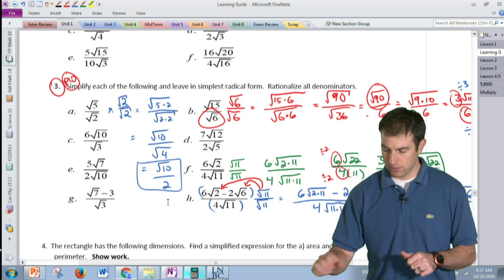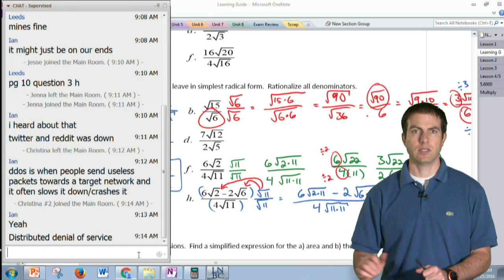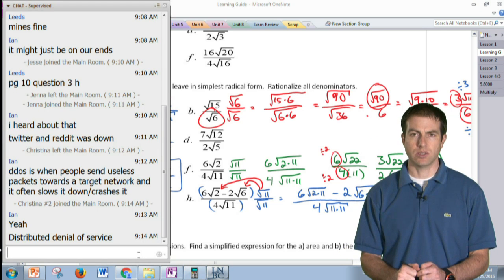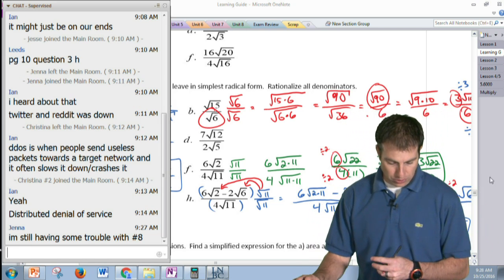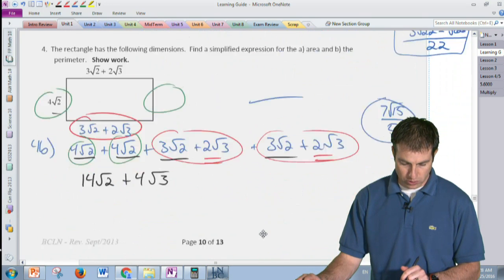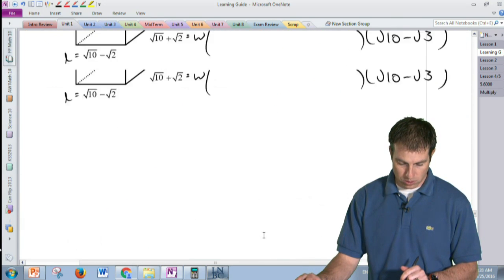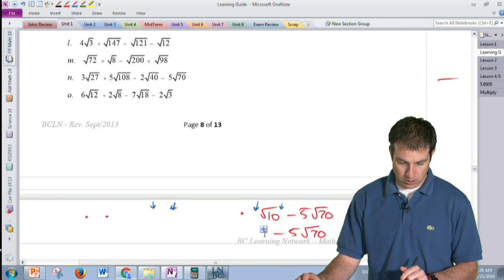Last chance for answers, Unit 1, before we move on to Unit 3. Number 8. Do you want to throw in a page number, Jenna? And I will see what I can do, unless it's just the last one. No, there's no last one. 8, 8, 8.